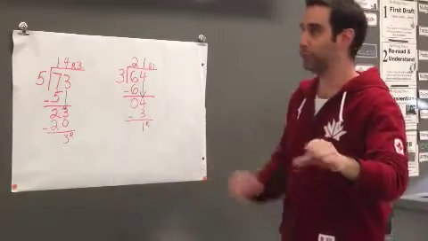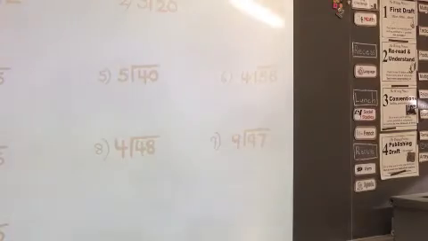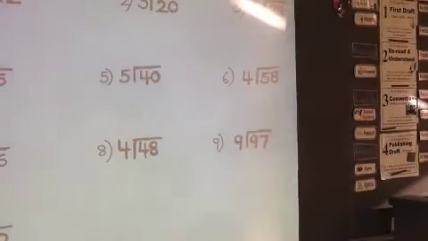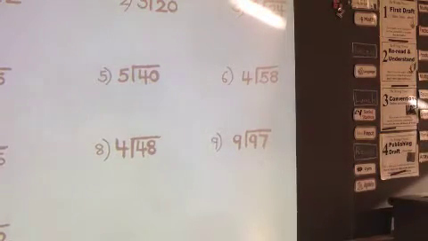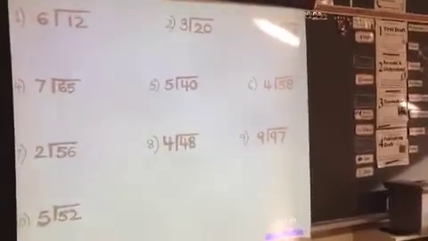Now I have some work for you from when you come back to school. What you're going to do is this. All right, you're going to work on these questions. We have 12 divided by 6. We have 20 divided by 3. 24 divided by 3.